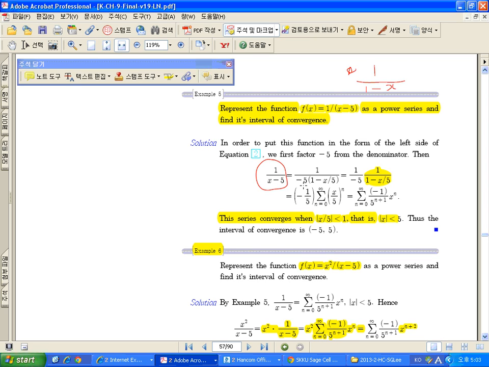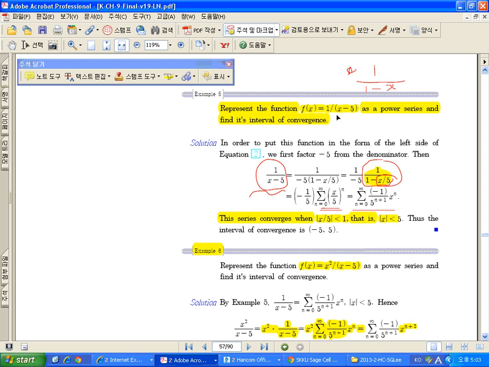Divide the factor out, minus 5, and then replace x by x over 5. Then we can easily find the power series of this one, and then just multiply by 1 over minus 5 to get the power series of the given one, which can be written in this way.